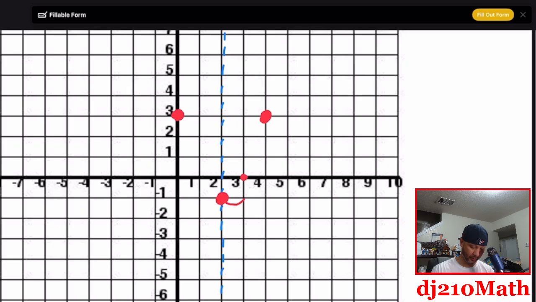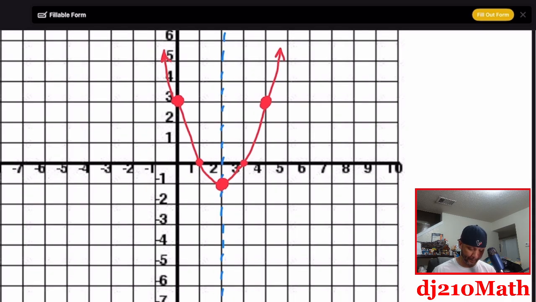Over 1, up 1. And there it is. Erase this. All right, we can connect the dots. There it is. The arrows imply that it goes on forever.